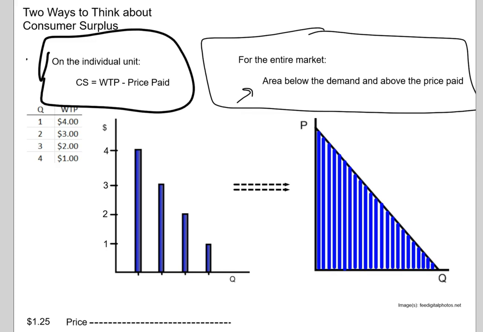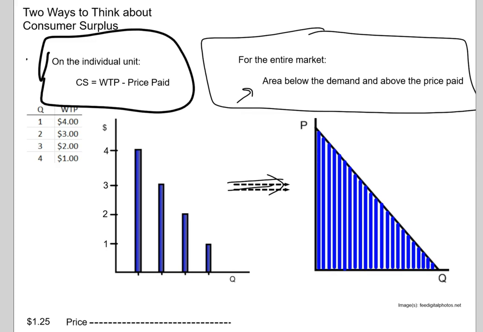And what you notice is that willingness to pay is a marginal measure, and number two, it diminishes. The more I have of something, the smaller my willingness to pay for additional units is. That's true for me. That's probably true for you. And if we aggregate it up and add all of the different willingness to pay for all the different consumers in the market, that's where my demand curve comes from.